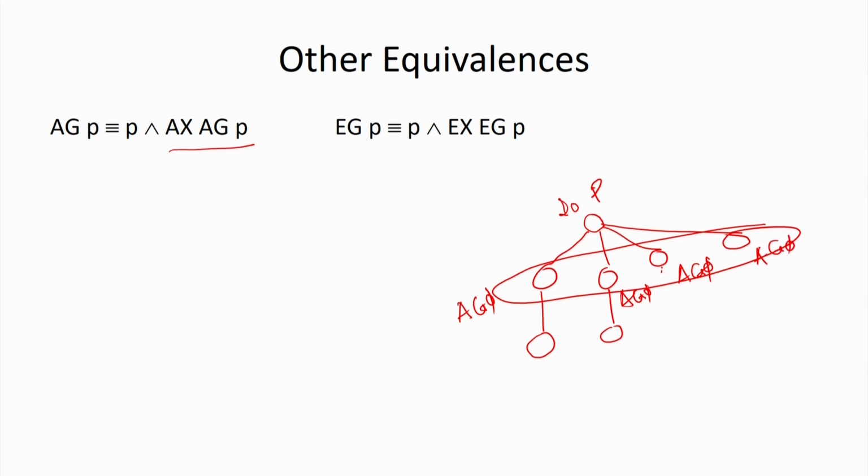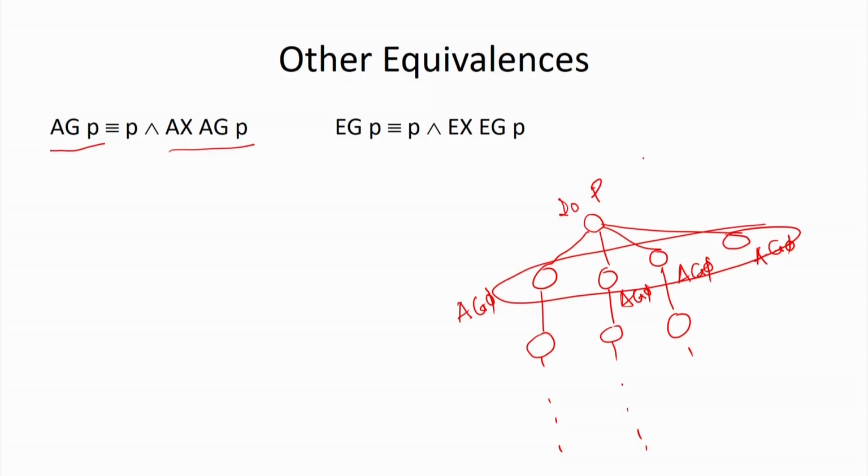Now, it is a big model, so we have a lot of transitions. What will happen? We can talk about the truth value of this given formula, either AGP or EGP, in a particular state by looking into its next state behavior. If in all the next states we find that AGP is true, then we can say that AGP is true in this particular given state also.